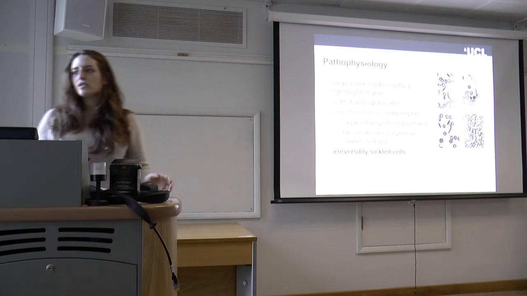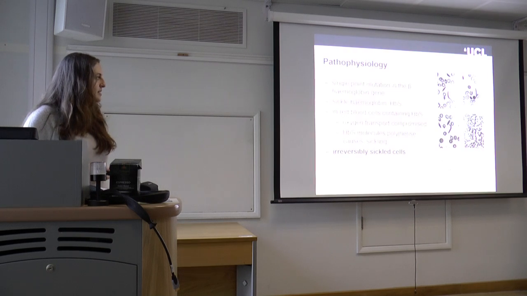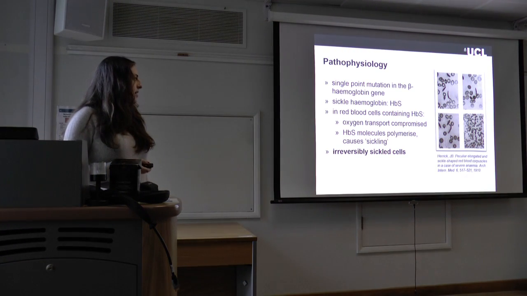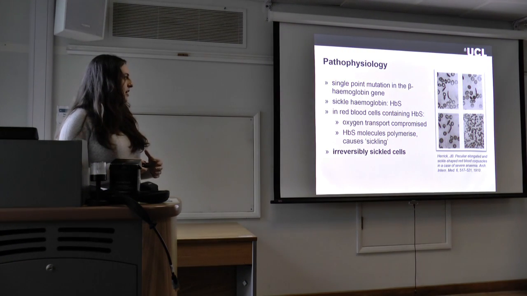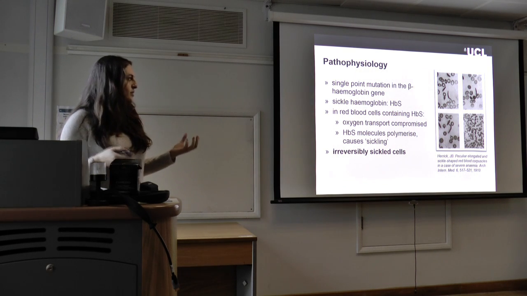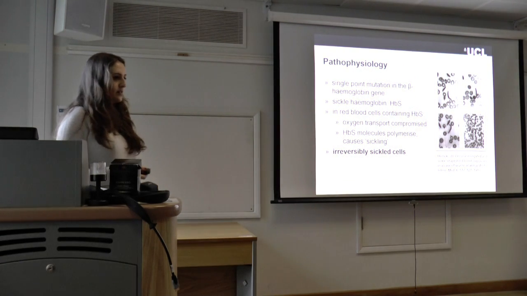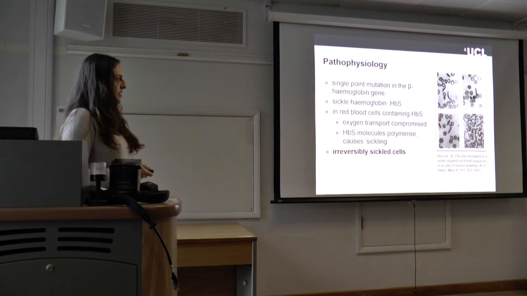All right. So oxygen transport is compromised, and the actual red cells which contain the HbS molecules, when the HbS molecules polymerize, the whole cell sickles, and that's why it's called sickle cell anemia.